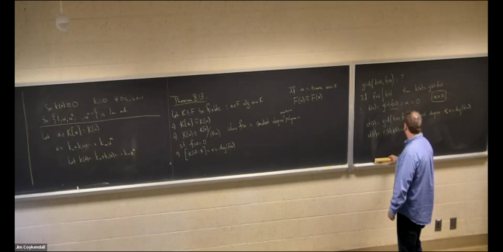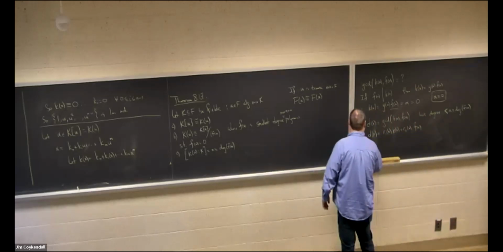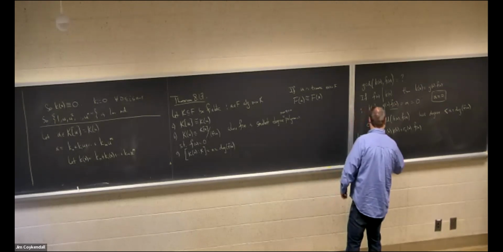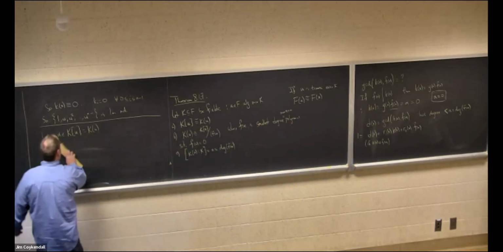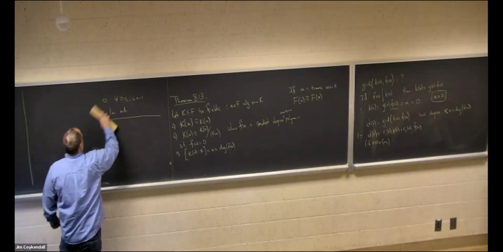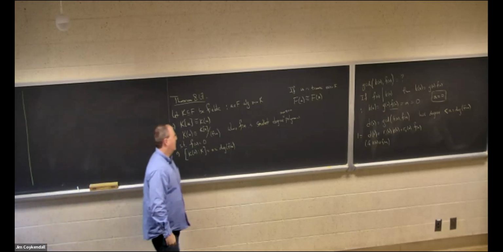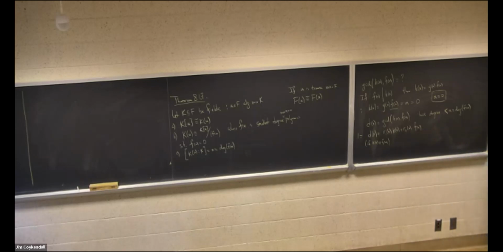And in fact, the greatest common divisor here, if k of x is not f of x, it should be 1. So, can anybody tell me how to finish this?